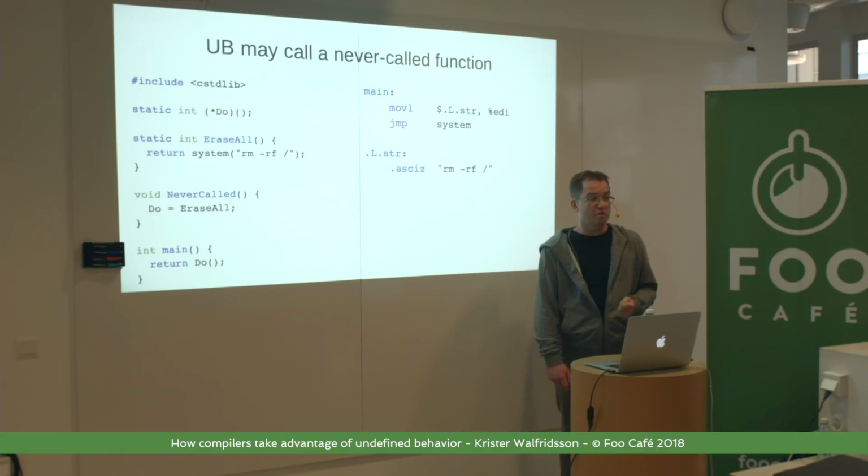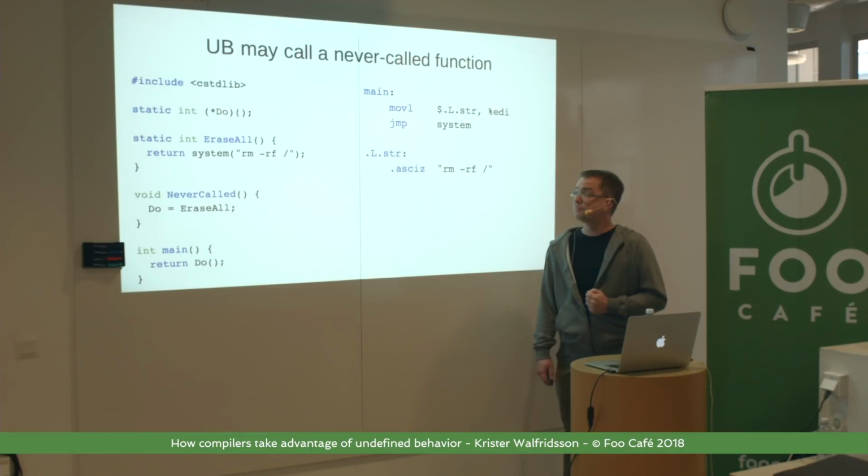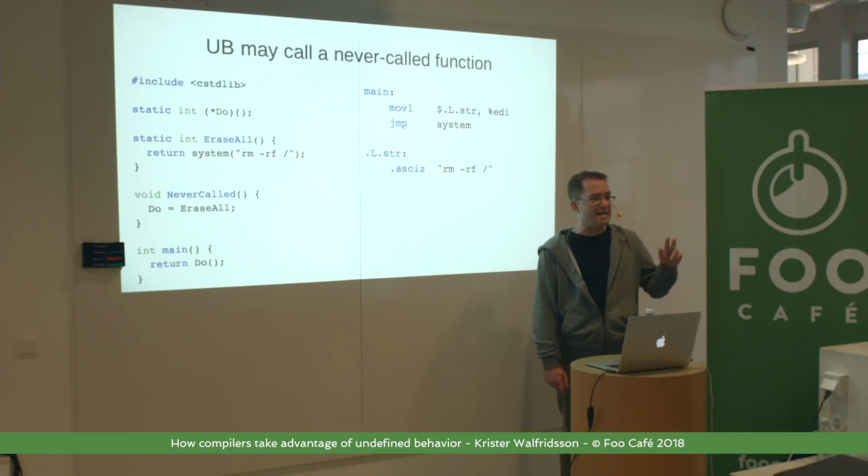So when it sees a function pointer, it starts to do an analysis. The function pointer here is local to this file, so it knows that all possible values are set in this file. So it starts as null, and it goes through the file to see what else can write to it.